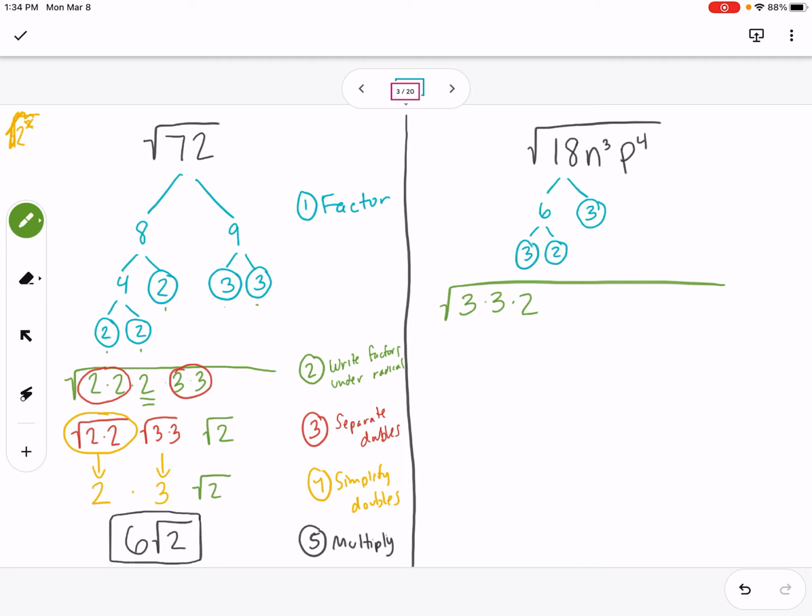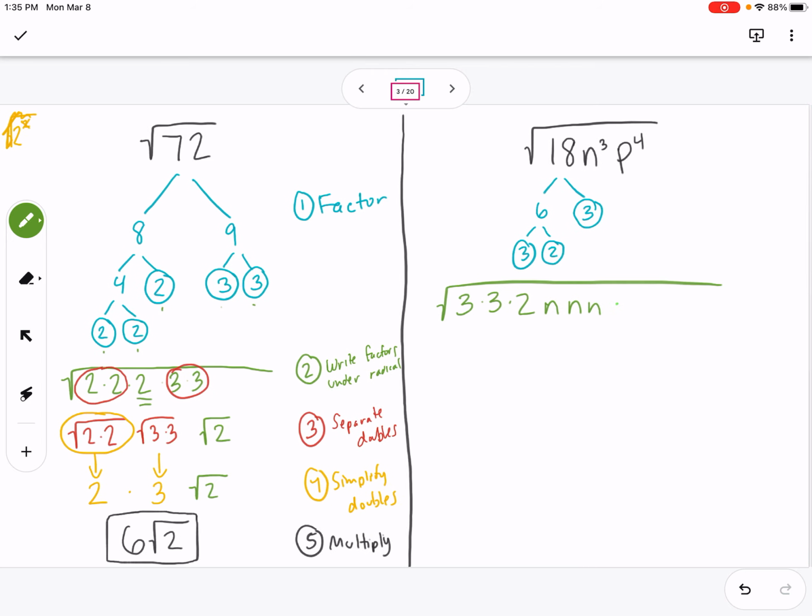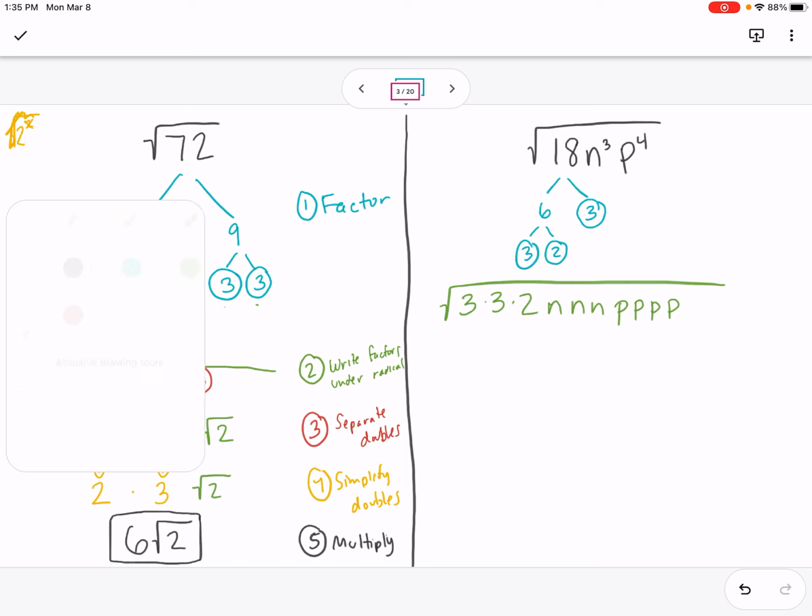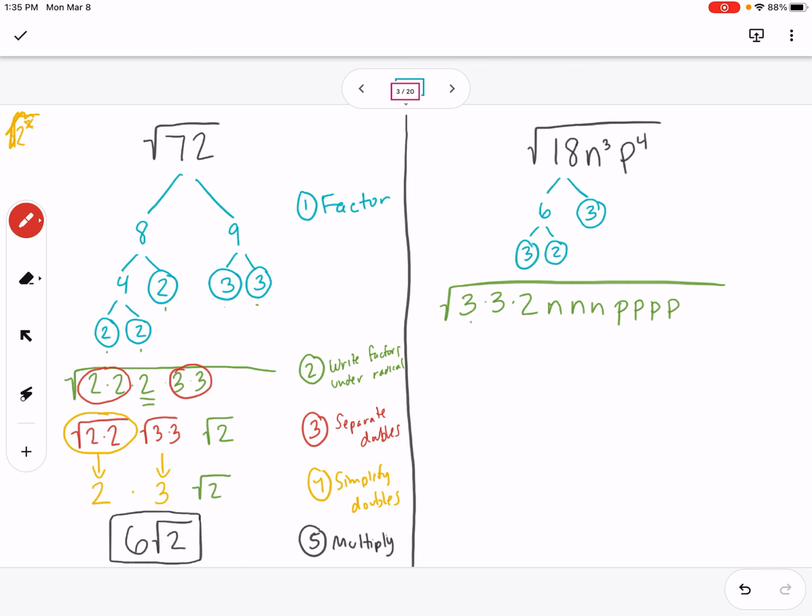And in this case, I also have 3 n's and I have 4 p's. Again, I'm looking for doubles. There's a double, a double, a double, and a double.